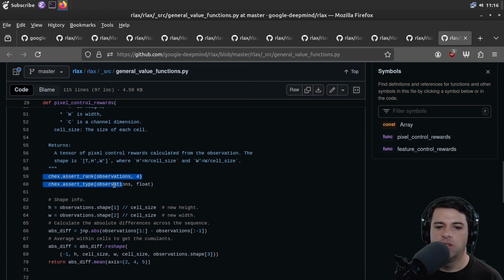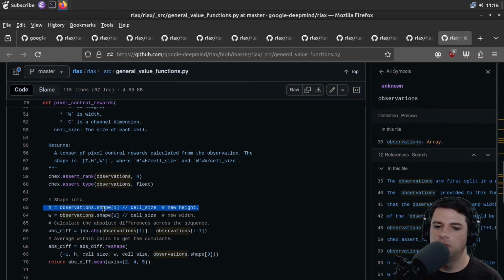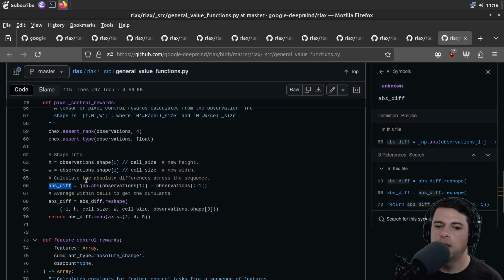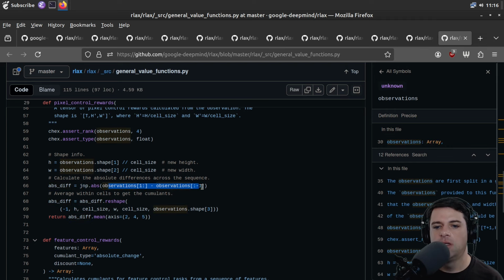So we're doing some assertions. We've got some observations that we're shaping. Okay, so height and width we get from the 1 and 2. And then calculate the absolute differences across the sequence. We're using jnp, calling its absolute value function, on the differences between these observations.